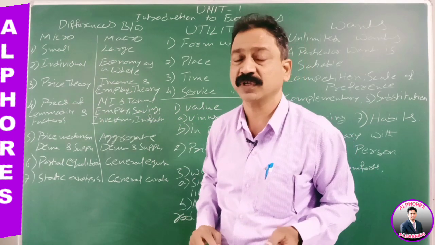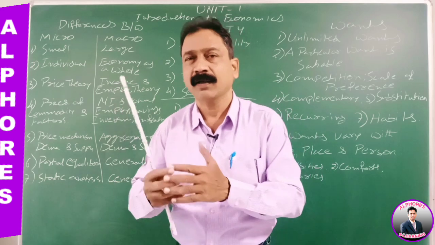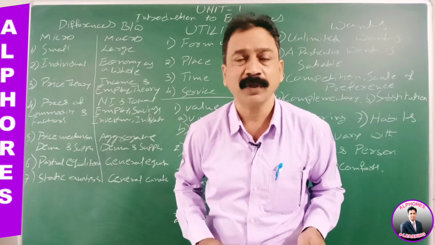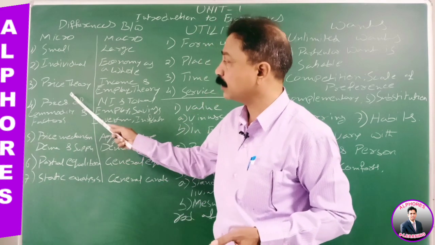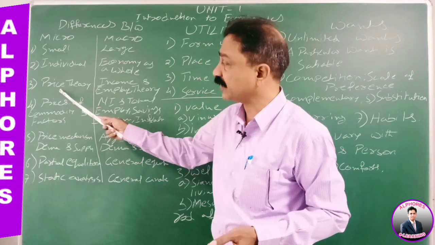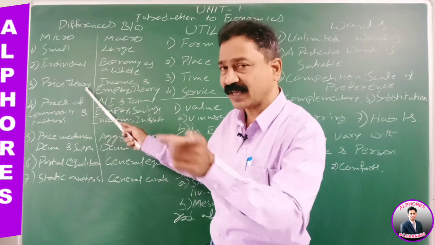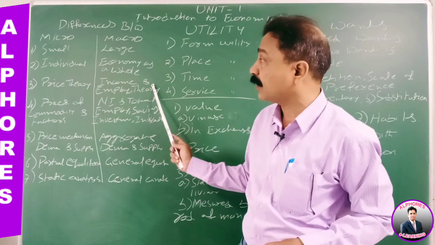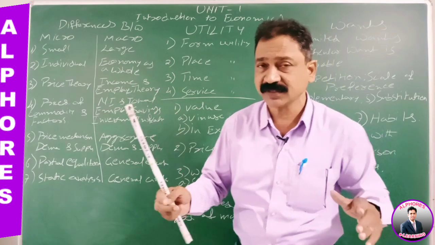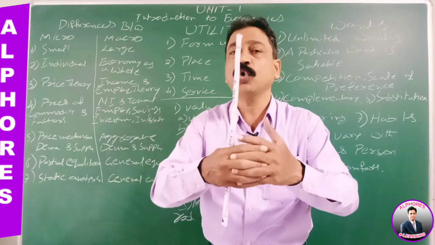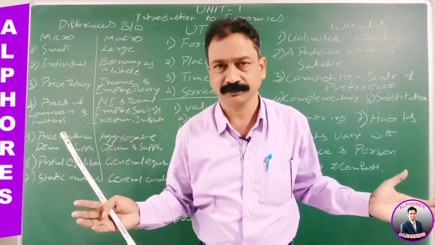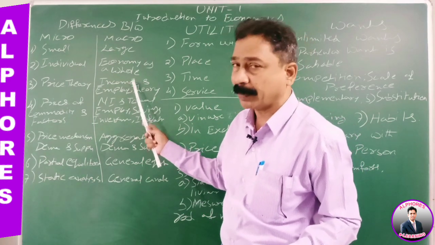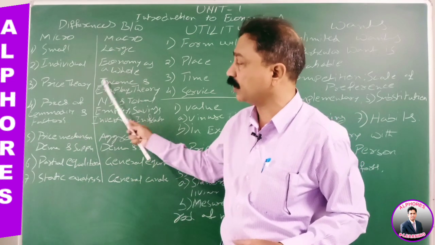So don't get confused. In any test session, if they ask what is the other name of microeconomics, you should remember it is price theory, because it always discusses the prices of products as well as factors. Next we will see macroeconomics. Its scope covers the total employment of the economy and the income of the total public, not individual but total.